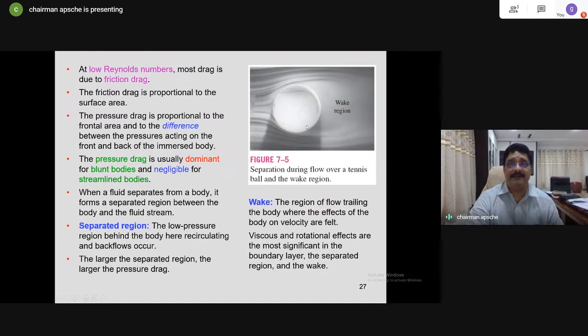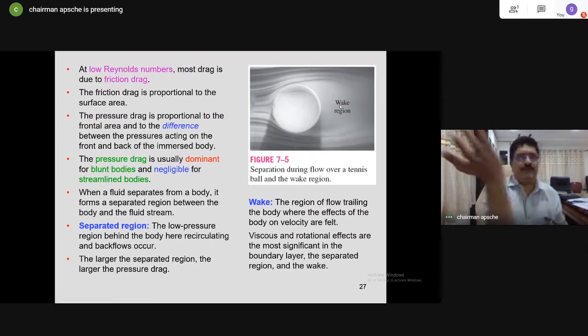In external flows, particularly, you come across pressure drag. The flow is attached to the solid boundary, but towards the rear it appears to be separated from the body, and a wake region is created, which is a very low pressure region, which causes heavy disturbances.